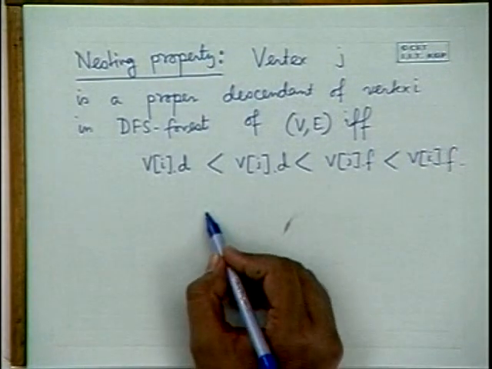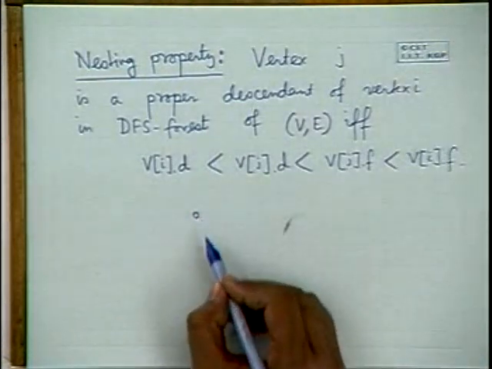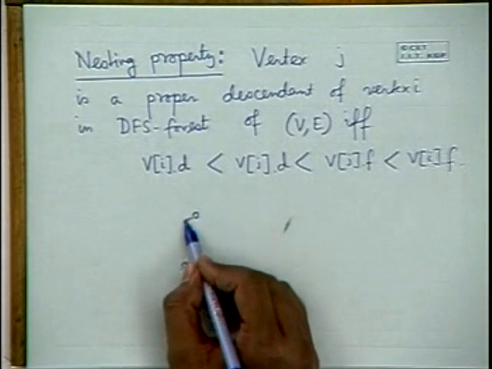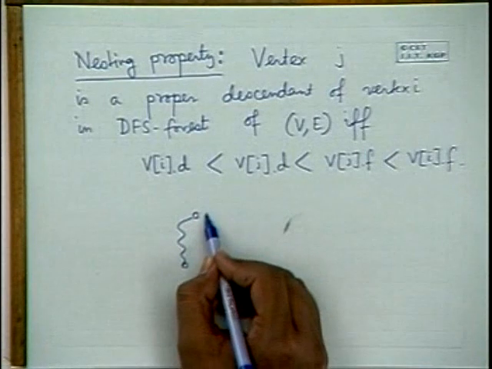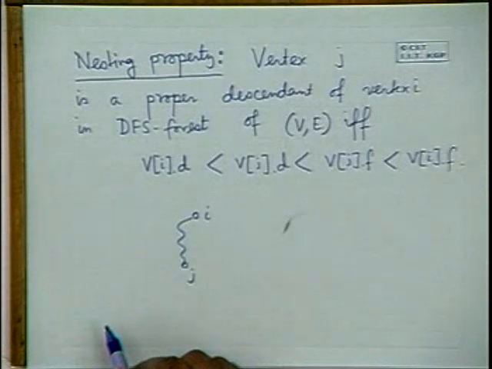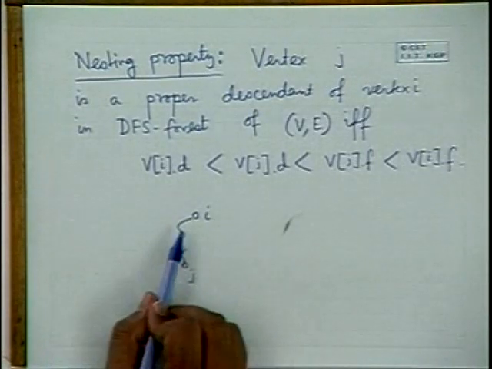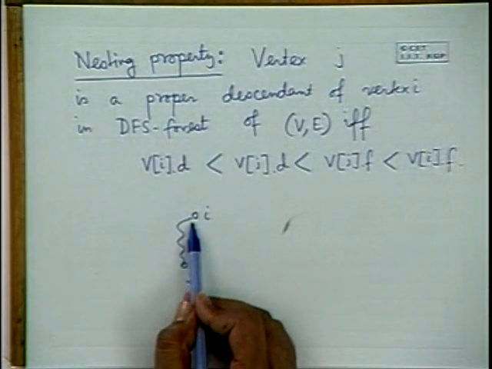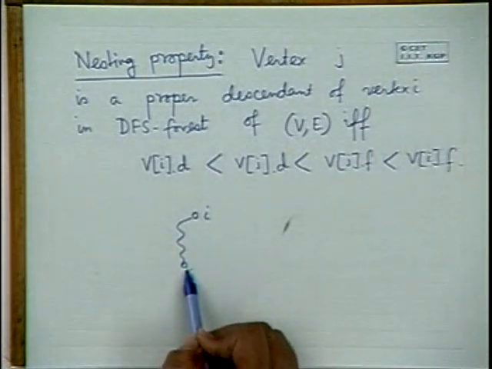So what is the picture? Vertex j is a descendant. So here is i and somewhere, so there is a path basically. So this is i, this is j. In the tree, something like this will happen. When it happens, you can see it must be the case that i is visited before j, right?